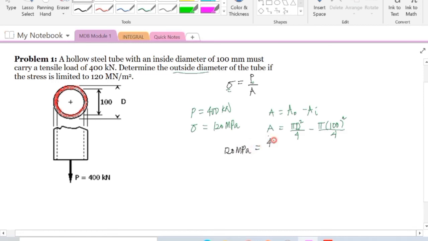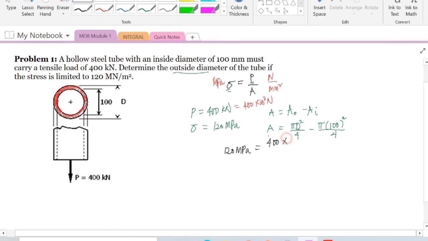Your P is 400 kilonewton, since the requirement, if we recall, is that this force P here must be in Newton, and this area must be in mm square, and this should be in megapascal para consistent yung unit natin. So since this is in kilonewton, and if we express that in Newton, that is equal to 400 times 10 to the 3 Newton.